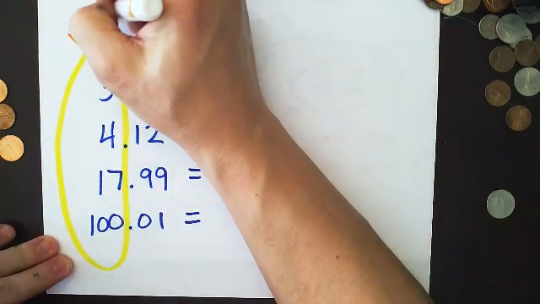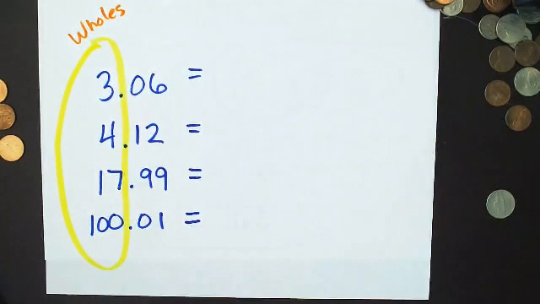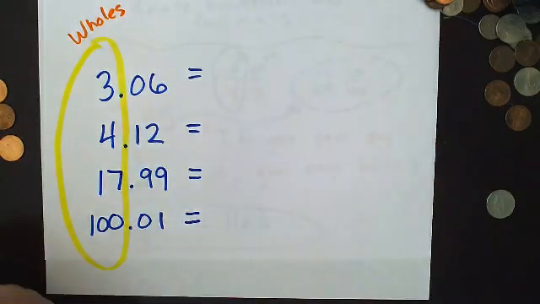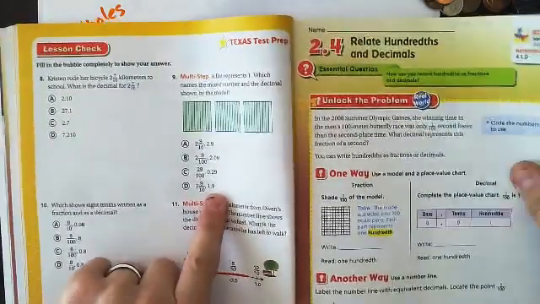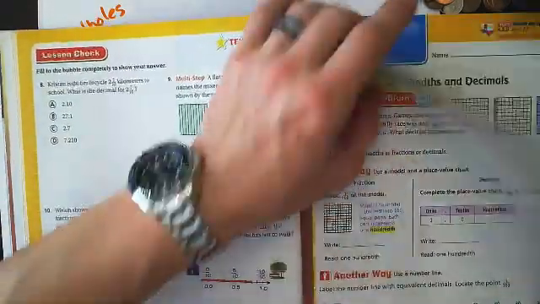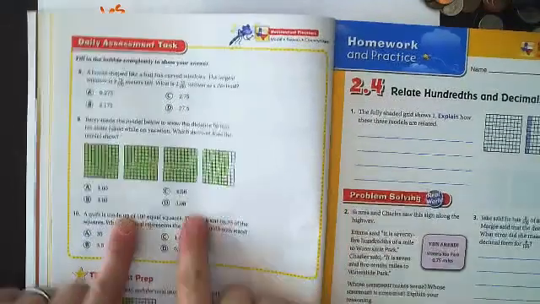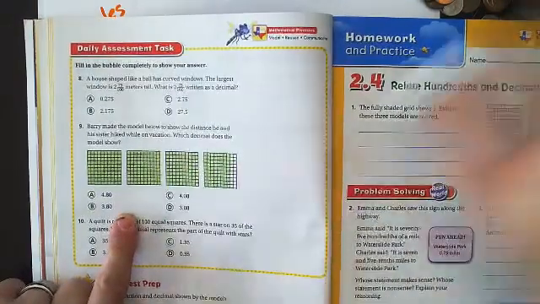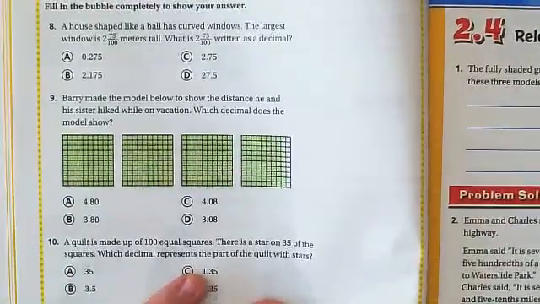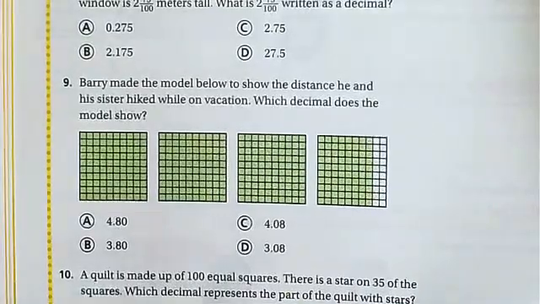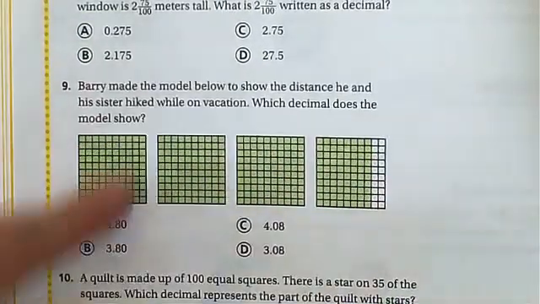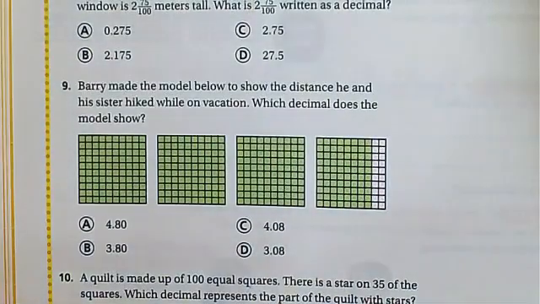Since these are wholes, if they ever show you a picture and they want you to match the picture, and I've got a good example of one right here, in 2.4. Look at this question. They're asking you to find the decimal amount that shows this picture.